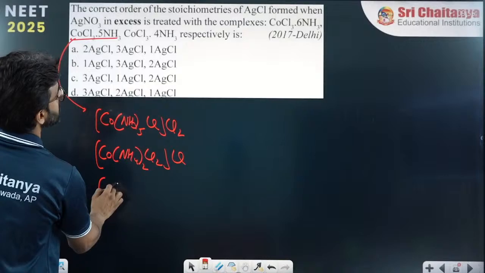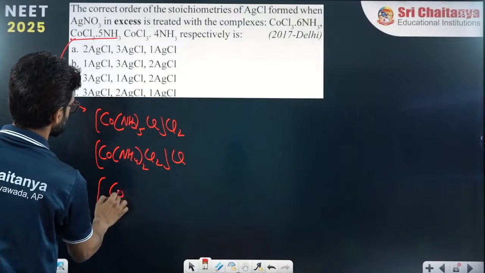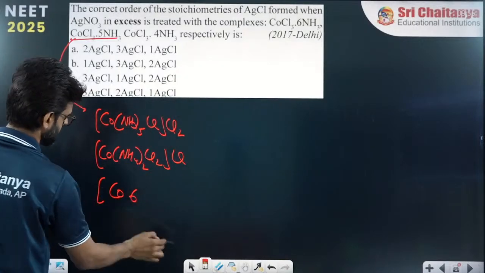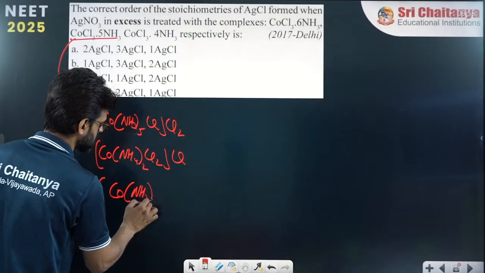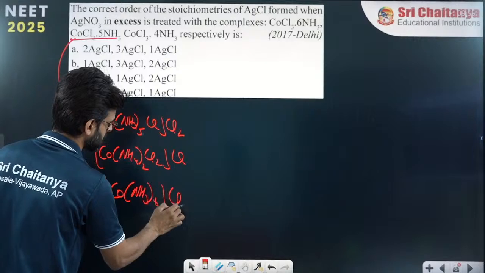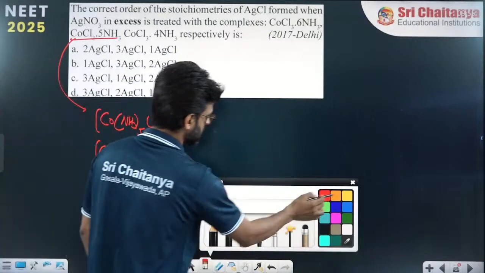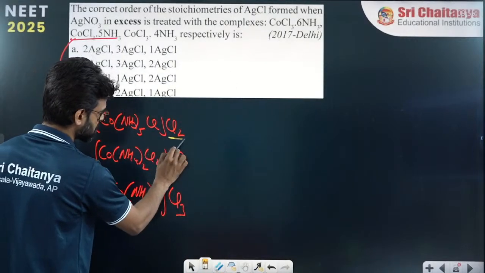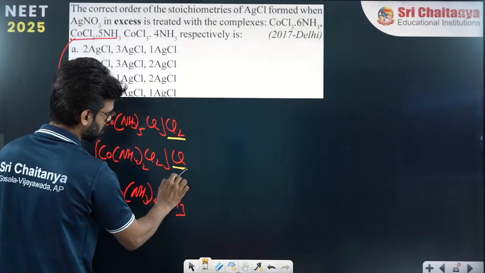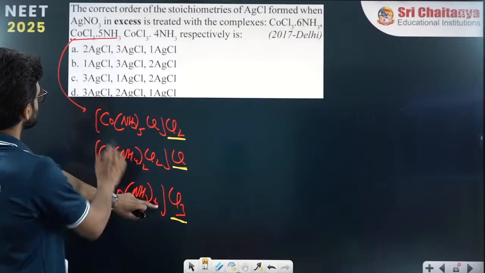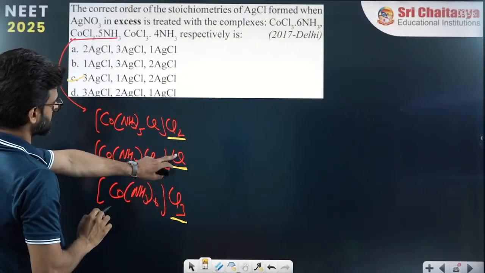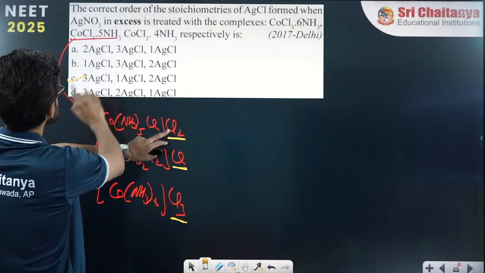And in the upper one they are writing cobalt with 6 ammonia, so I can use all of the ammonia as ligand, so all Cl will remain outside. So here 3 Cl outside, here 2 Cl outside, here 1 Cl outside. So this one will make 3 mole AgCl, this makes 2 mole AgCl.